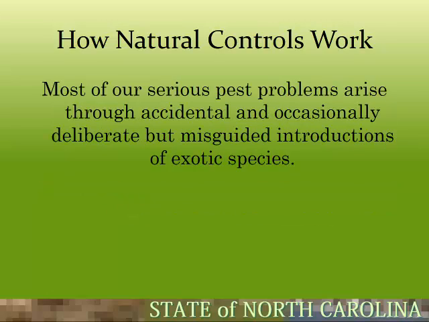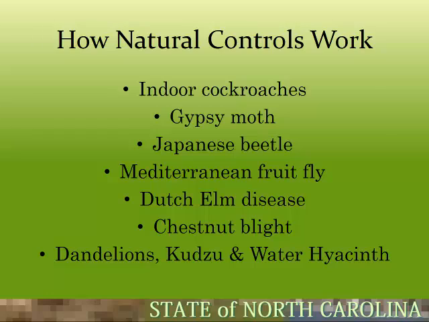And most of our serious pest problems arise through accidental and occasionally deliberate but misguided introductions of exotic species. Some of these species include the indoor cockroach, the gypsy moth, the Japanese beetle. And guys, beetles are the most numerous animal out there, even over fish. We think about how expansive and large our oceans are and the different fish species out there.